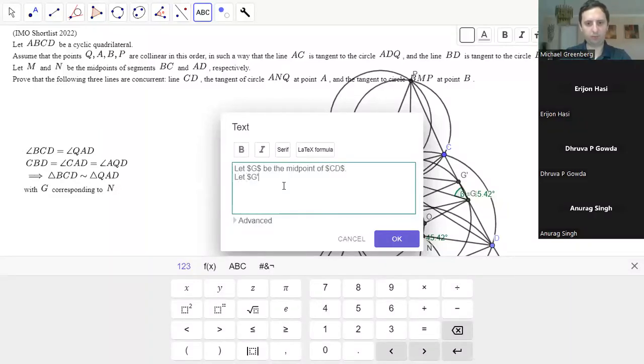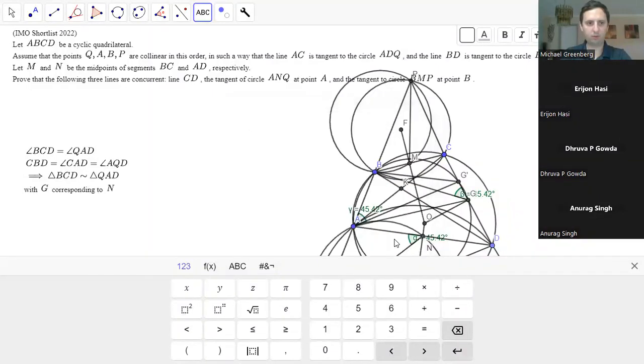And let circle ABG intersect CB at G prime. All right.